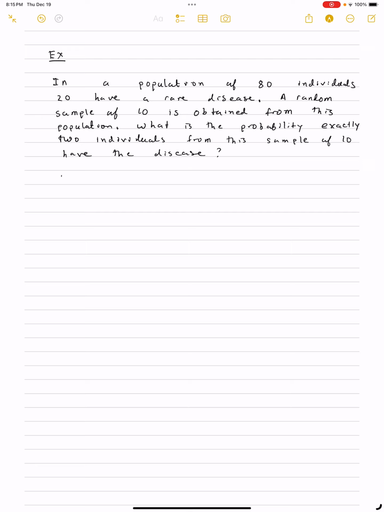Well, here my random variable X is going to be the number of individuals with the disease. I'm asked the probability X is equal to exactly 2.